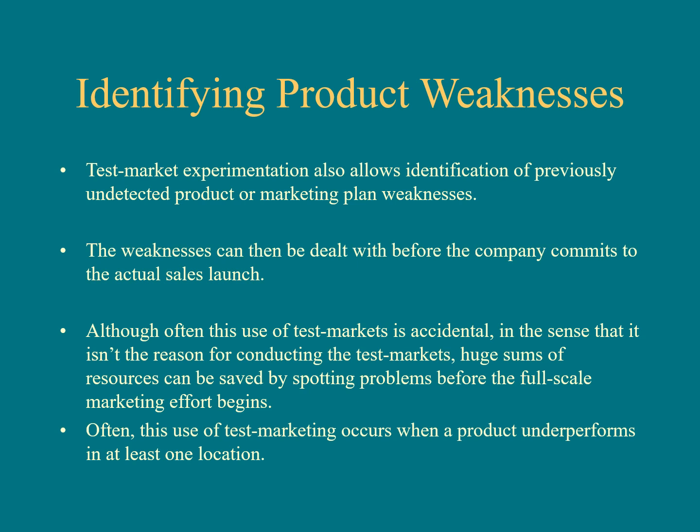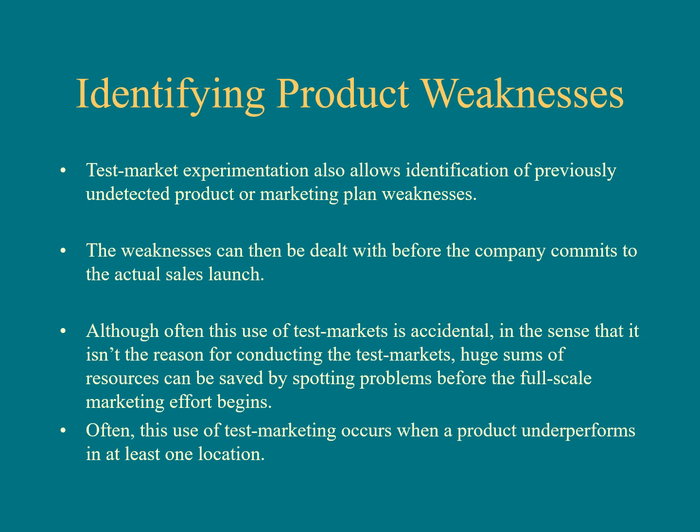Identifying product weaknesses. Test market experimentation also allows identification of previously undetected product or marketing plan weaknesses. The weaknesses can then be dealt with before the company commits to actual sales launch, although often this use of test market is accidental in the sense that it isn't the reason for conducting the test markets.